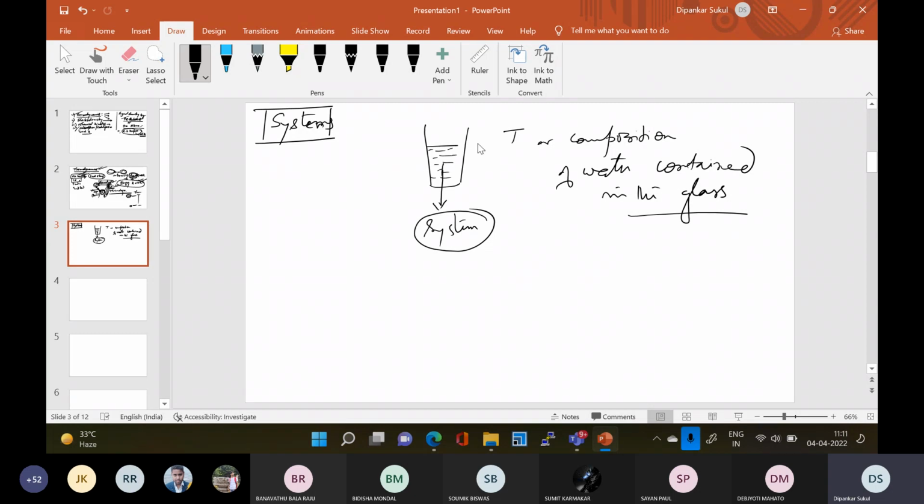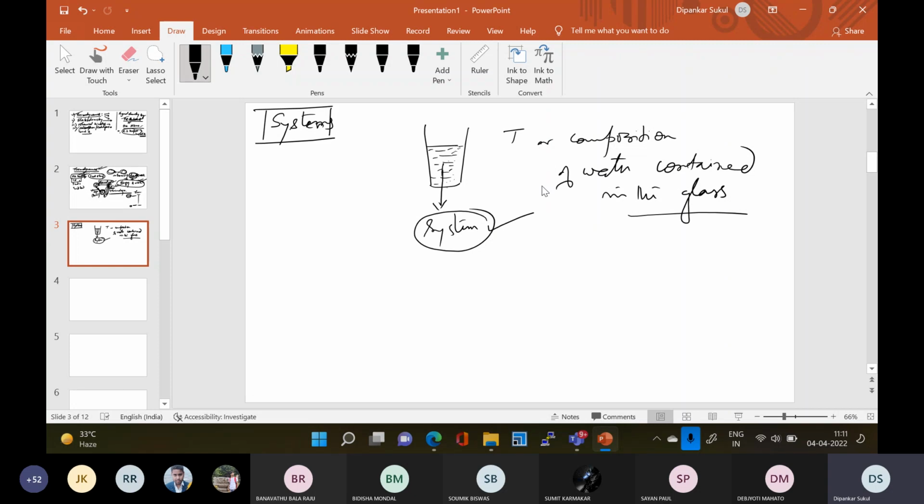You are interested only in the water which you have taken in this glass vessel. That is a small part of the universe under investigation, on which you are interested. That is defined as the system.